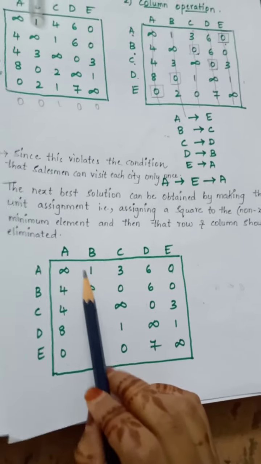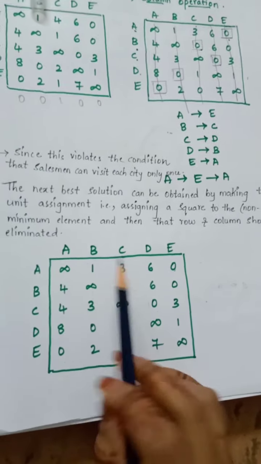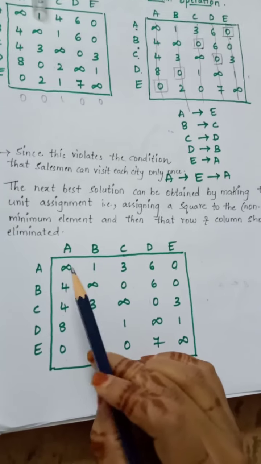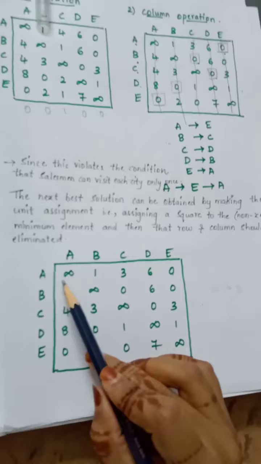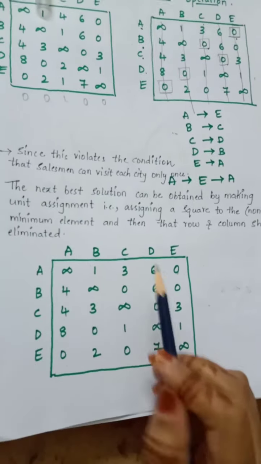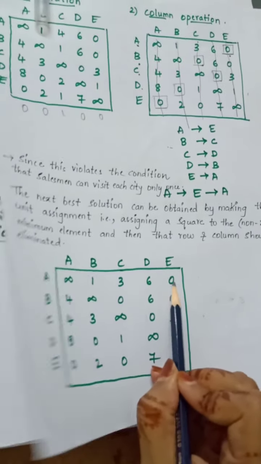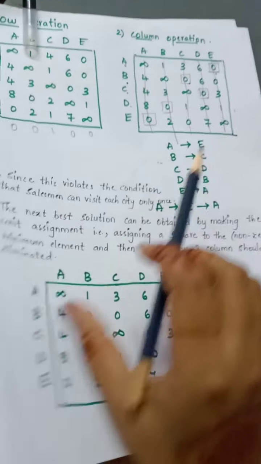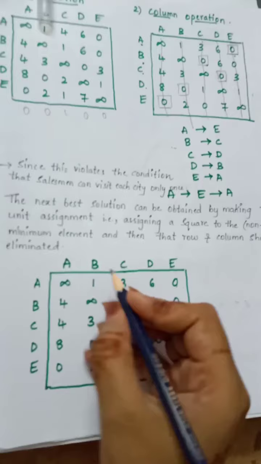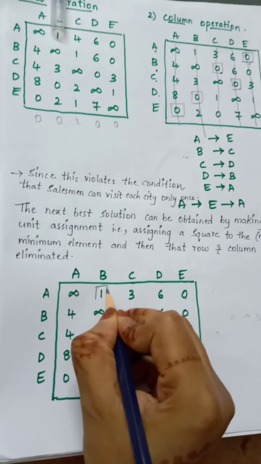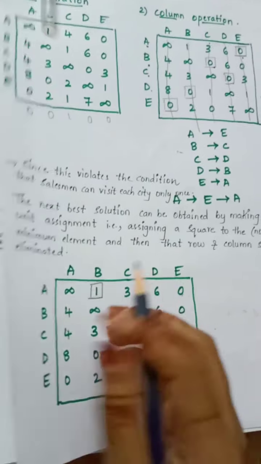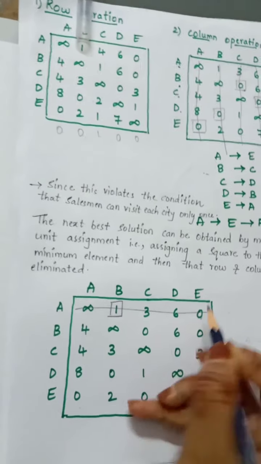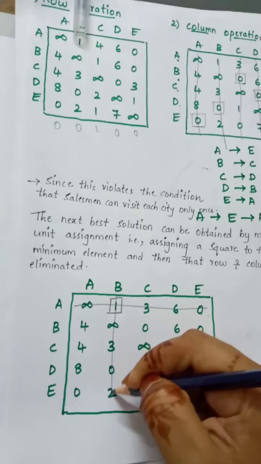Wherever I give a unit assignment, I have to cancel that row and that column. Clear everyone students? So I am doing the row scanning, starting from the first row. There is 1 zero. If I give a square mark to this zero, the same procedure repeats. Yes or no? Whenever the unit assignment is done, we have to cancel that particular row and that particular column.